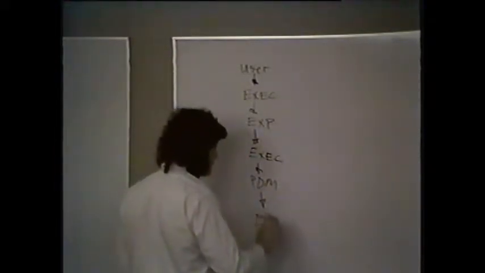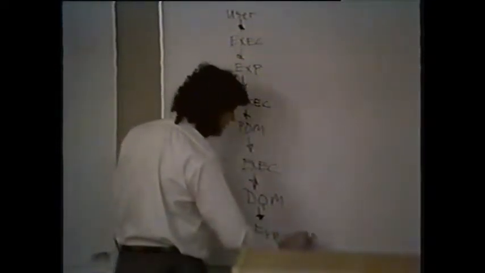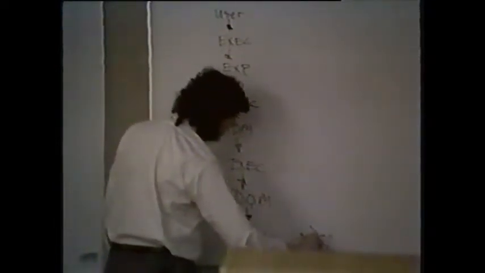PDM then will manage where the data set's going to go to in the file system and make an exchange back to exec, in actuality to schedule the next piece of code called the disk queue manager. And the disk queue manager is what's going to handle the actual I/O request. DQM will then figure out he wants to start I/O, so he's going to build a packet and send it off to exec.